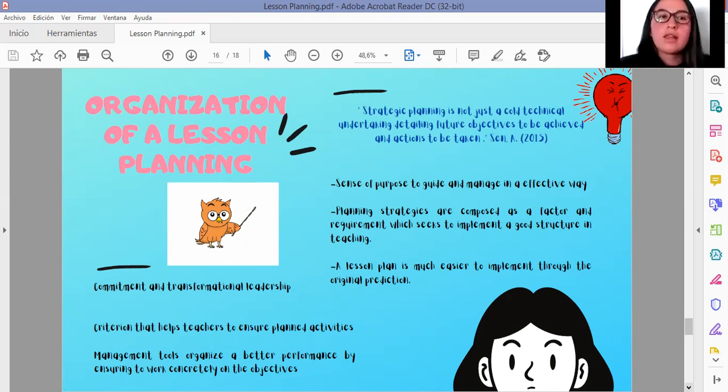Learner intentions are looking for a criterion that helps teachers to ensure planned activities are organized in a way that seeks to obtain strong results at the end of a complementary activity, including management tools to organize a better performance by ensuring to work concretely on the aims proposed at the beginning of the class, improving performance and forming a positive environment. Next.